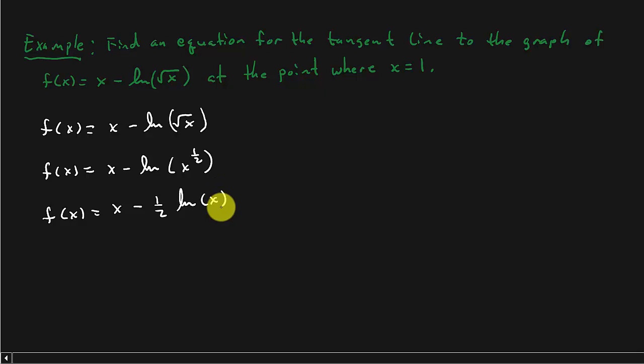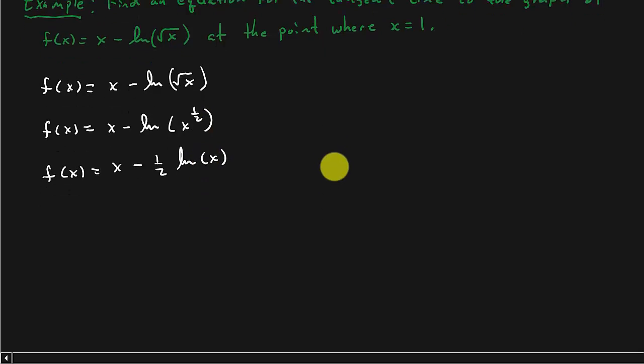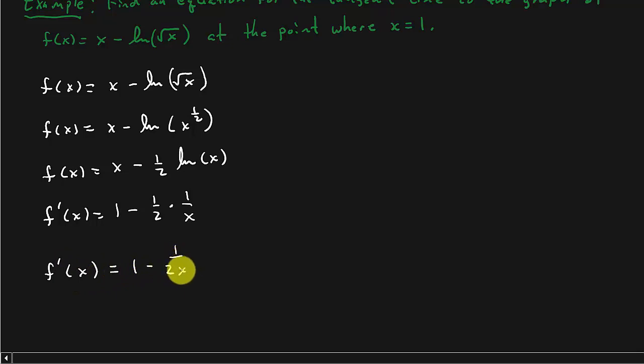Get rid of that 1/2 exponent; it just makes it easier to take the derivative of the natural log. And so now I've got f prime of x equals 1 minus 1/2 times the derivative of natural log x, which is 1 over x. So f prime of x is 1 minus 1 over 2x.